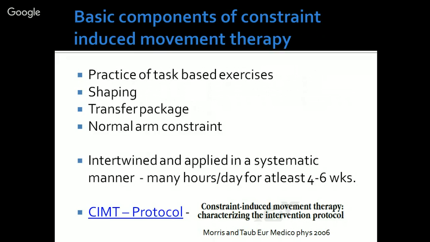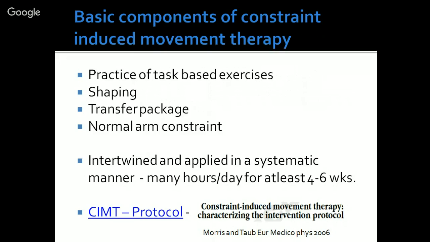The second procedure is shaping, which is a behavioral psychology procedure called operant conditioning, wherein we aim to reinforce positive behavior of using the arm on the affected side. Transfer package is a set of behavioral methods which are used to reinforce the learning and to convert the improvements which have been gained in clinic to ADL settings.